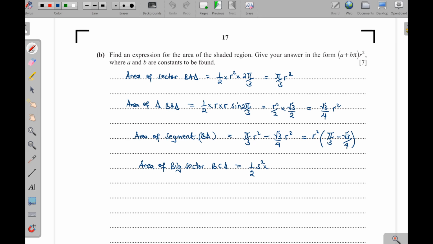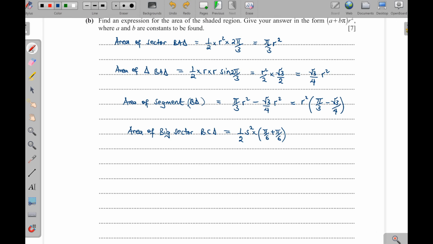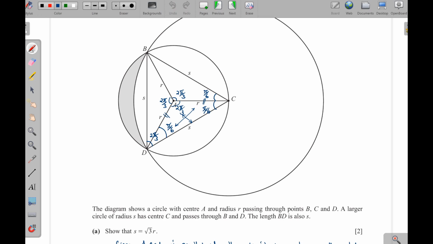So then times the angle, in fact, let me write it like this, pi over 6 plus pi over 6, which is pi over 3. That means we shall have this one. I'm going to express it in terms of r, okay? Because they said that this one has to be in terms of r. Now, we also found here that S is equal to root 3 of r, not so.